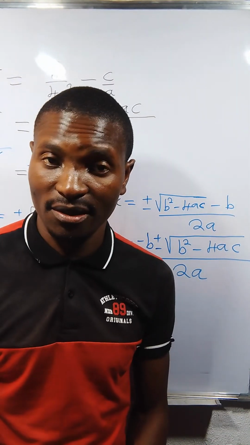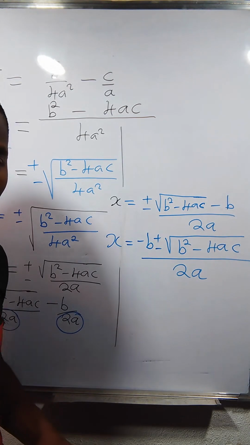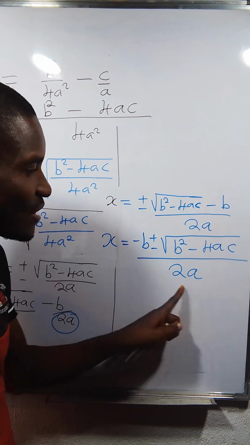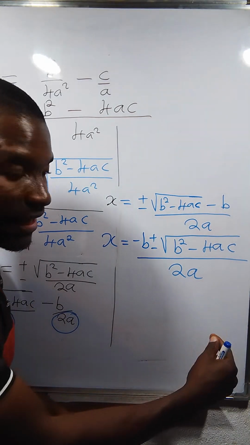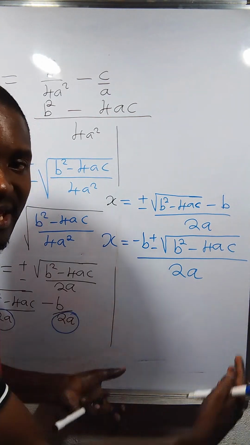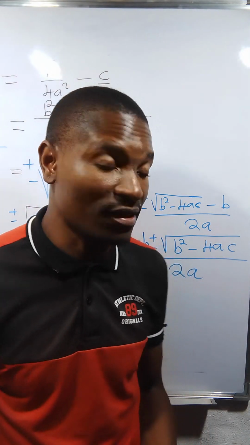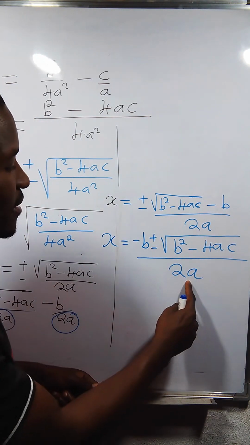Now you can see that at the end, what normally happens is that the 2a is the lowest common denominator and is the same on both terms, so we just put this as a single term, because this divides that.